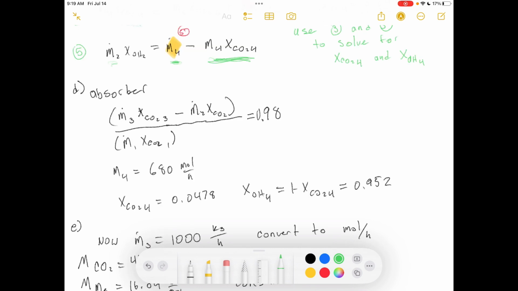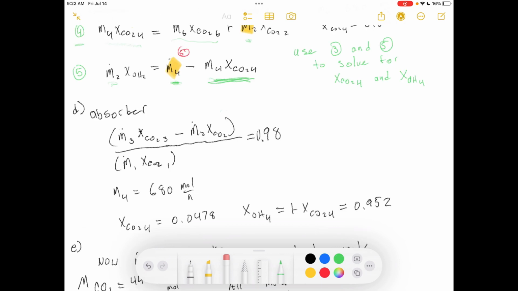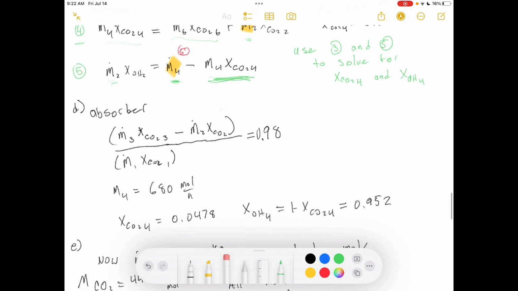Okay, calculate the fractional CO2 removal in the absorber, moles absorbed per moles in gas feed, and the molar flow rate and composition of the liquid feed to the stripping tower. Okay, so there's a few different ways that you can calculate how much is absorbed. The way that I did it is I said, okay, there's a certain amount of CO2 going out in stream 3, and then there's a certain amount of CO2 that gets added to it that's not getting absorbed in stream 2, right?